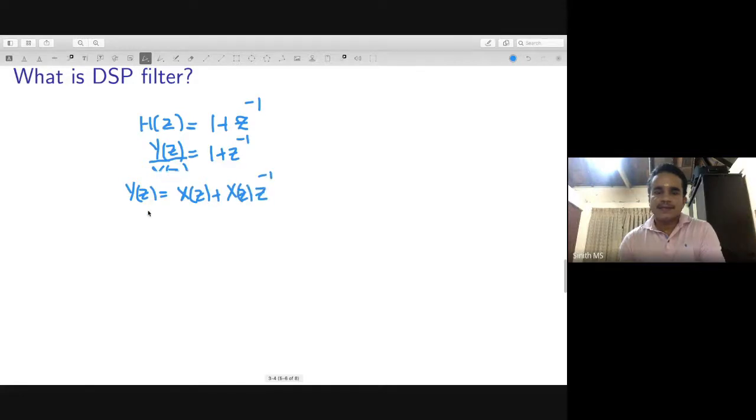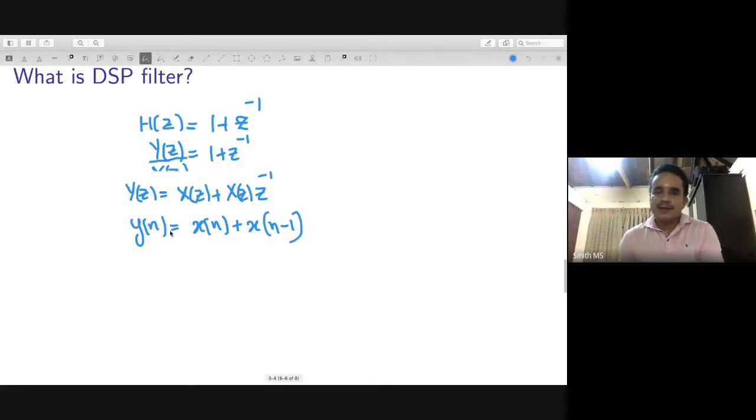If you take the inverse transform, this becomes y[n] equal to x[n] plus, what is the inverse transform of X(z) into z inverse? It is x[n-1]. So the output y[n] is x[n] plus a delayed version of x[n].